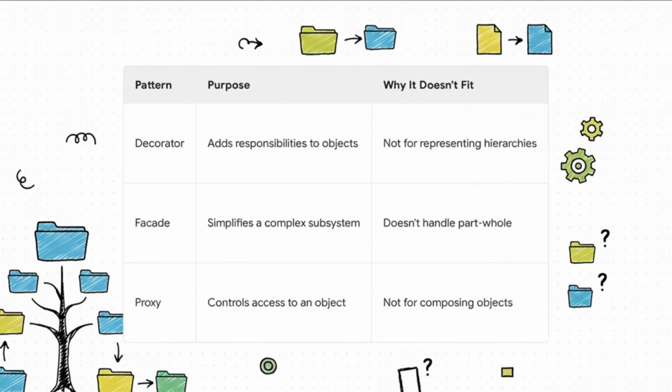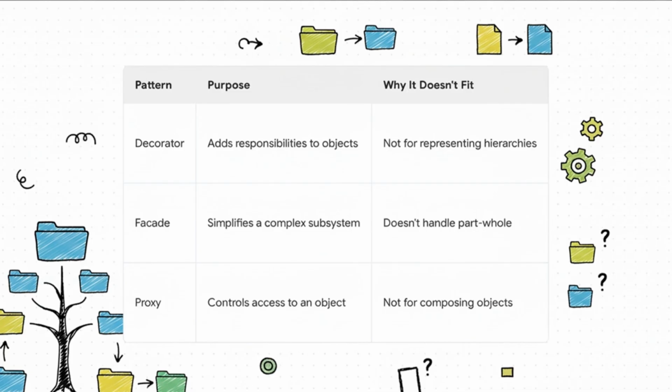Now, it's pretty easy to get these structural patterns confused, so this is important. You might be thinking, hey, what about a decorator? Well, a decorator adds new behaviors, but it's not built for creating hierarchies. A facade? That's all about simplifying a complex system, not managing part-whole relationships.